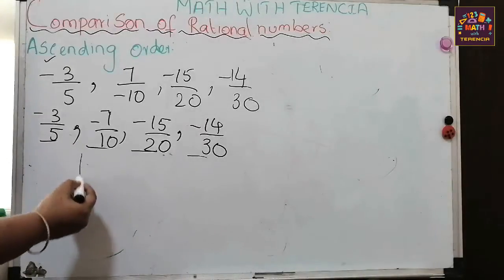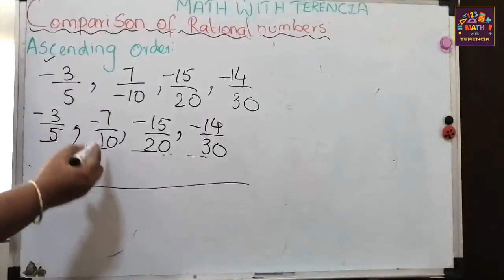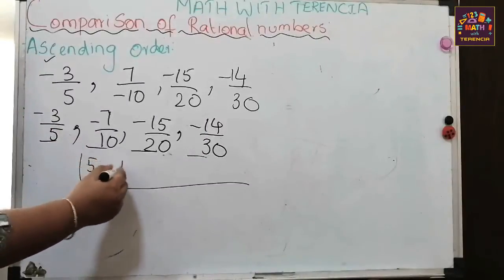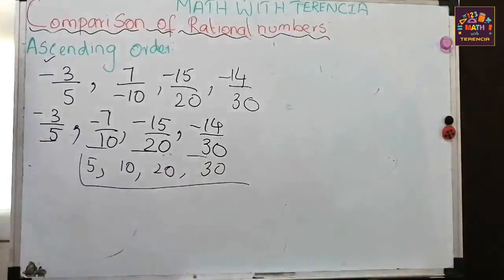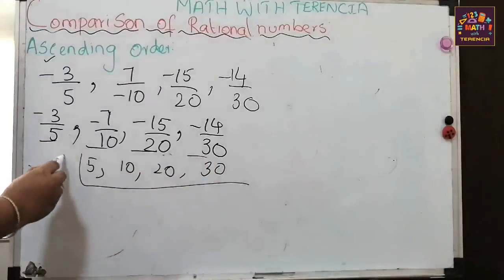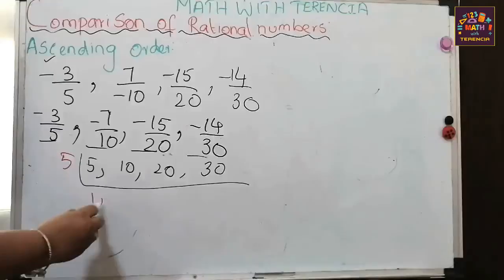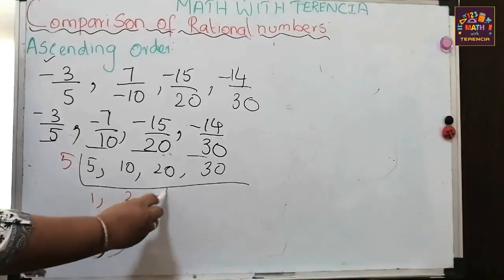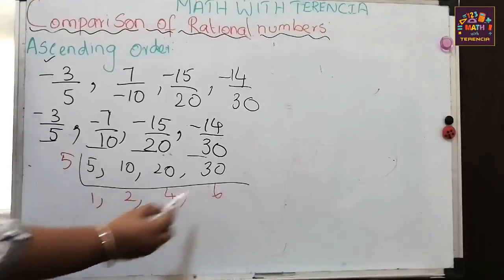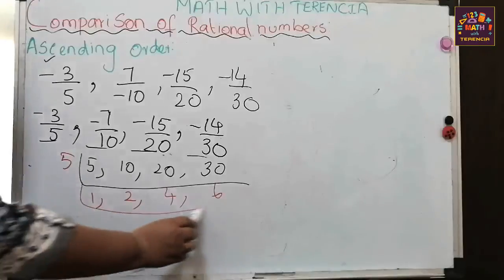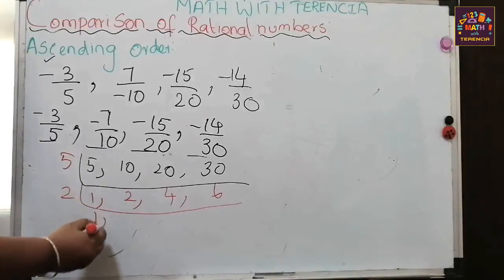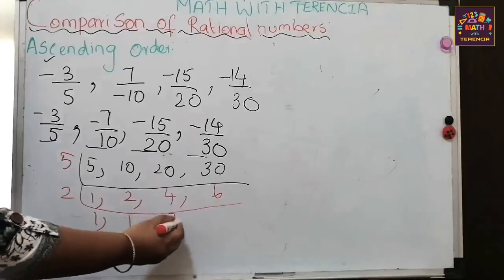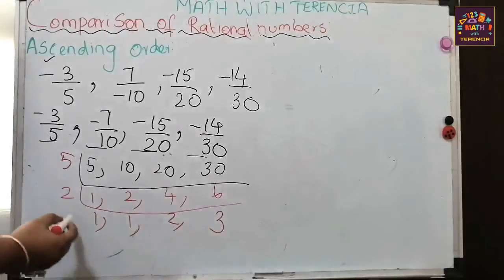So I need to find the LCM of all the denominators: 5, 10, 20, 30. Let me go with 5. 1, 5 times 2, 5 times 4, 5 times 6. Next, let me go with 2. So 1, 1, 2, 3.